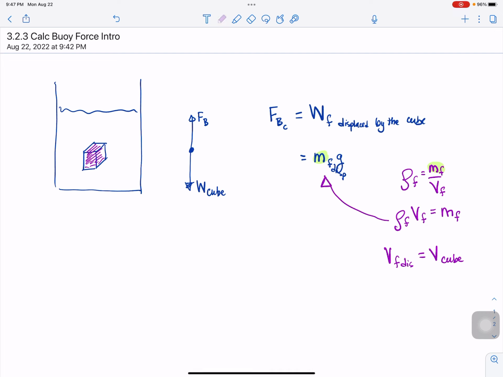And so what we end up with, we go back to blue, is that the buoyant force on the cube is equal to the density of the fluid times the volume of the cube times g. And again, just remember, you won't be able to see that, this is the mass of the fluid.